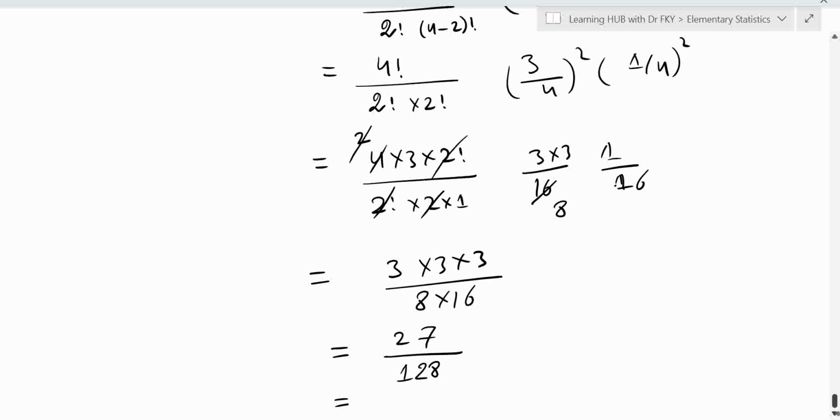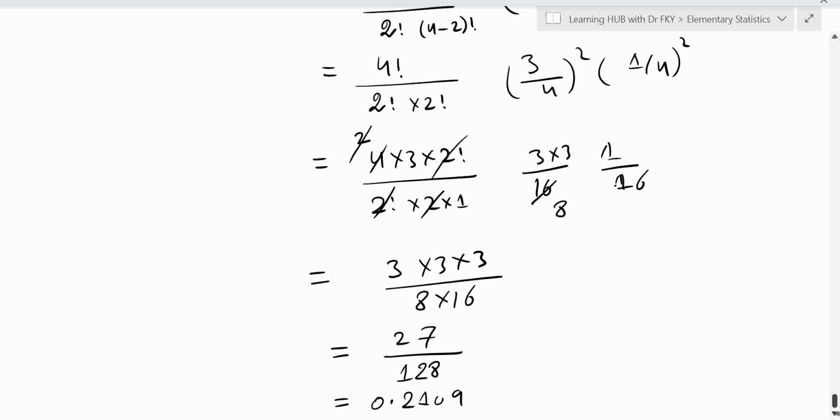27 divided by 128. So you will get this probability: 0.2109.